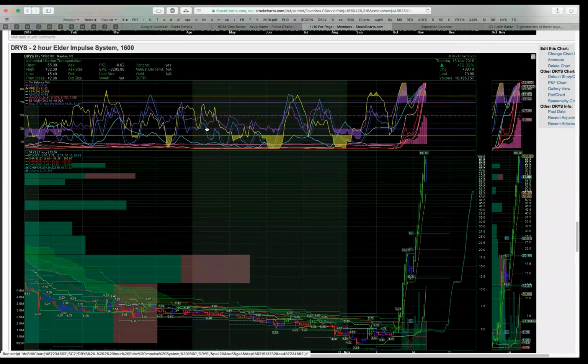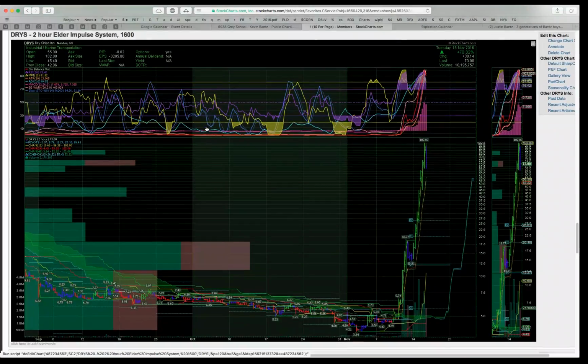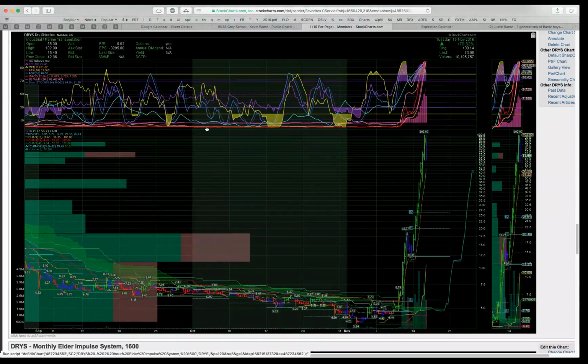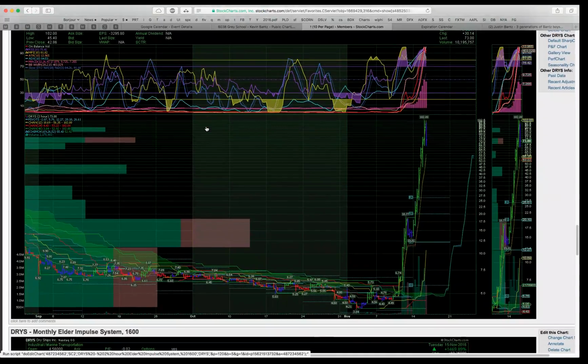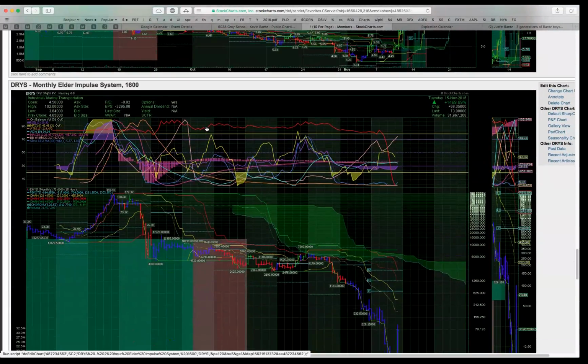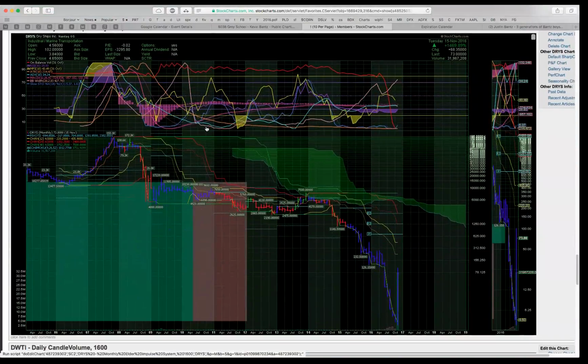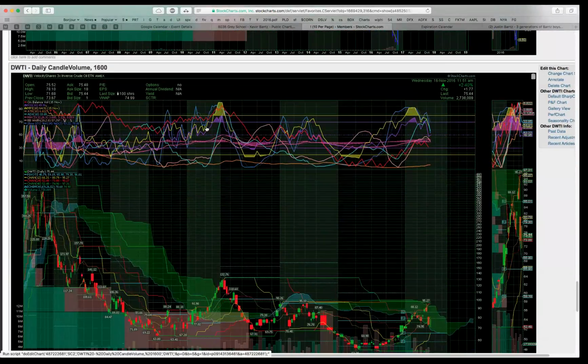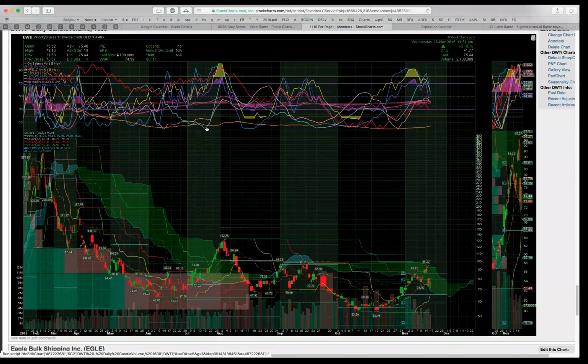Here's DRIES. Are we going yet? We're still stalled on this thing, which means since I'm not following anything, it's going to be quite the interesting deal, won't it? DWTI.